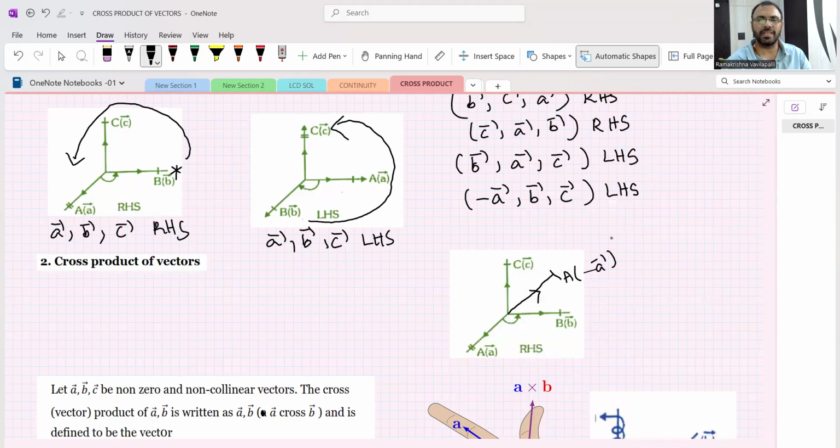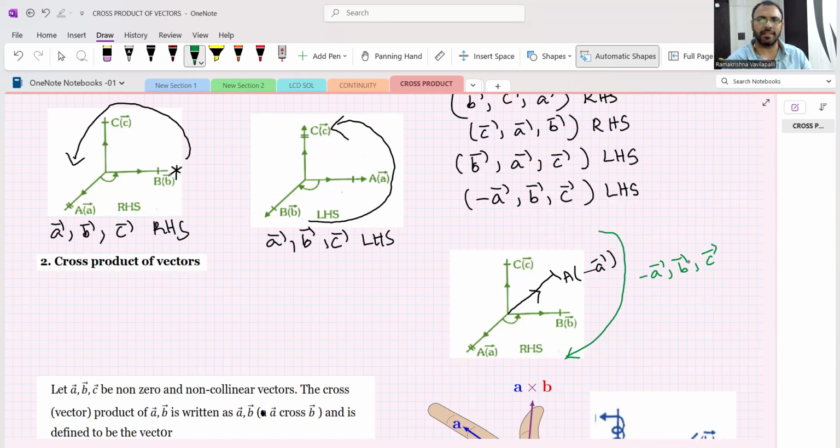Now you see that minus A bar, B bar, and C bar are in the clockwise direction. Therefore, they form a left-handed system of vectors.